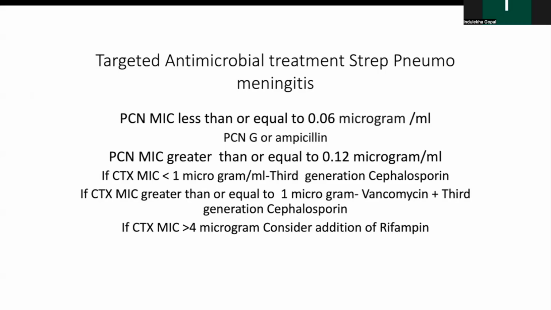If penicillin MIC is greater than or equal to 0.12 microgram per ml, and if the ceftriaxone MIC is less than 1, third generation cephalosporin is the treatment of choice. If ceftriaxone MIC is greater than or equal to 1, then vancomycin and third generation cephalosporin. If ceftriaxone MIC is greater than 4, consider addition of rifampin.